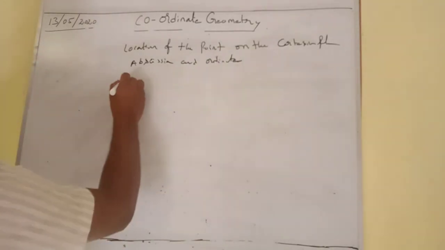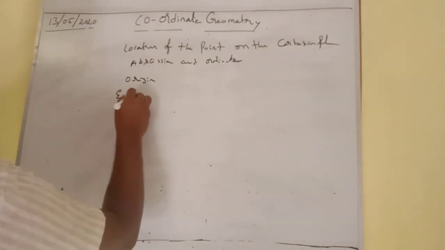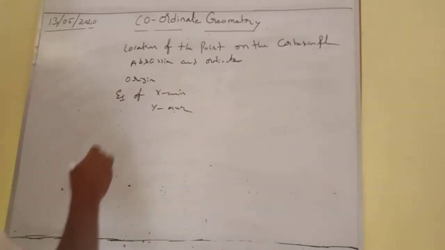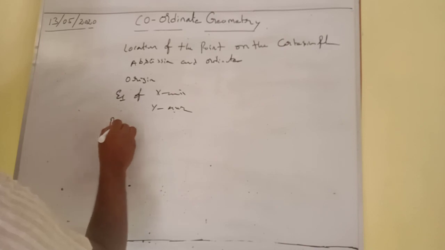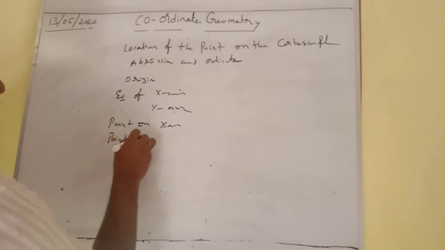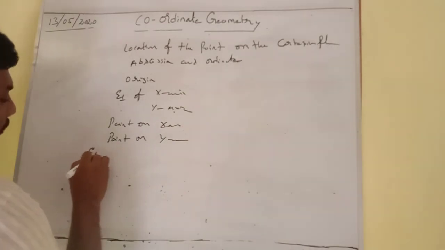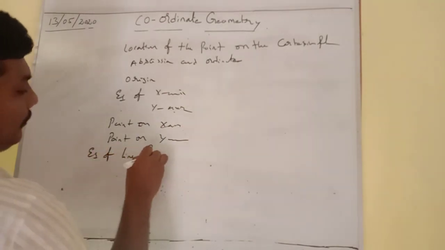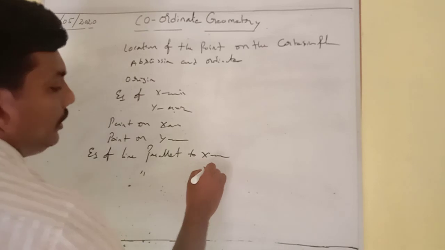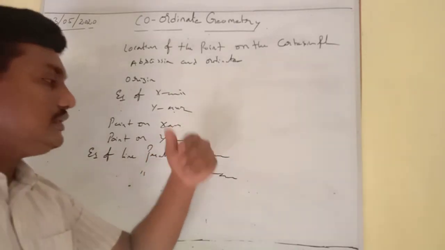We have to observe what the origin is, the equation of the x-axis and y-axis, a point on the x-axis and a point on the y-axis, the equation of a line parallel to the x-axis, and the equation of a line parallel to the y-axis. These are the points we discussed in this video.